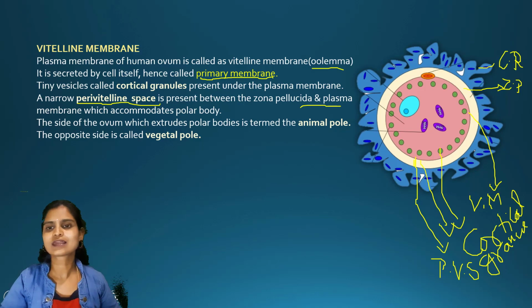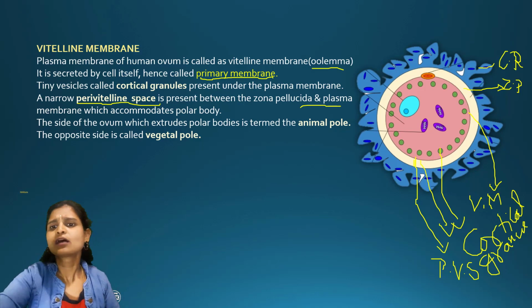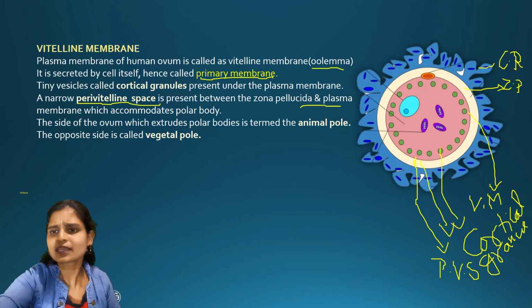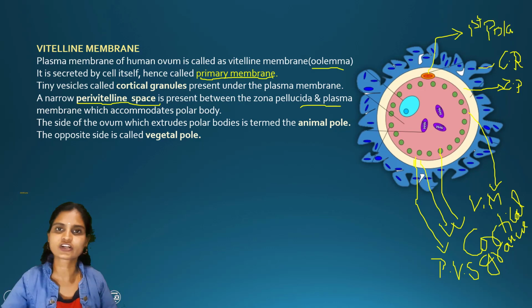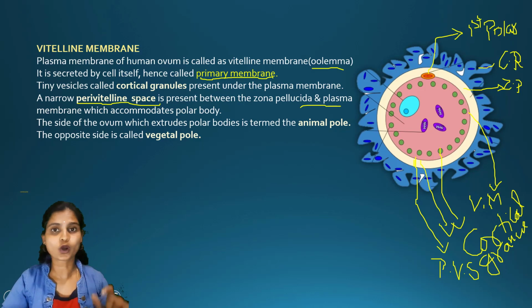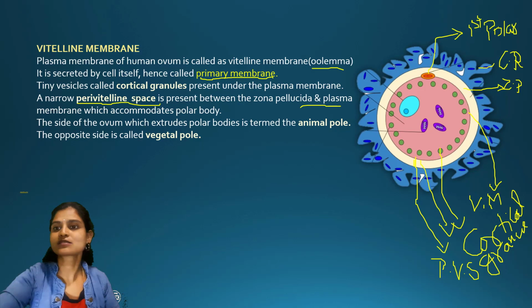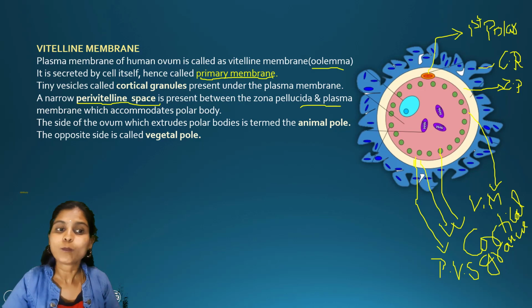Next we can find the first polar body. During oogenesis, we have studied that after the first meiotic division, it produces a polar body, and this is the first polar body.